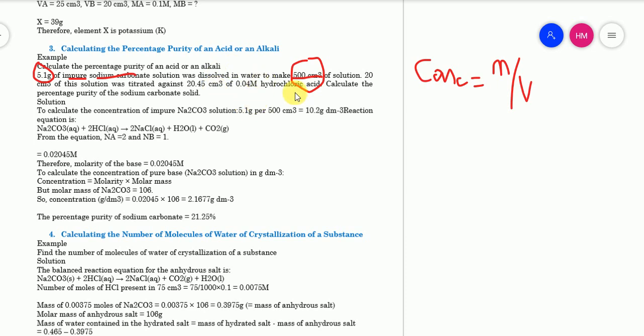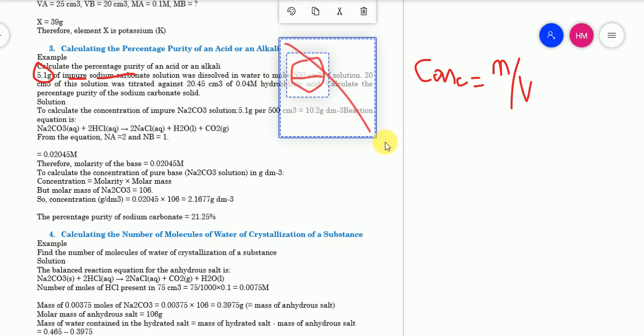Now it is very important to understand this concept, kwamba the percentage of an alkali which is reacting or the percentage of an acid which is reacting, it is the pure alkali or pure acid only. Kwa lazima uelewe kwamba kinachofanya reaction kwenye neutralization reaction ni acid peke yake, sio nyingine.